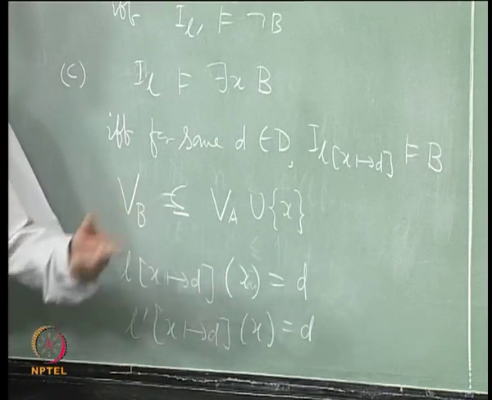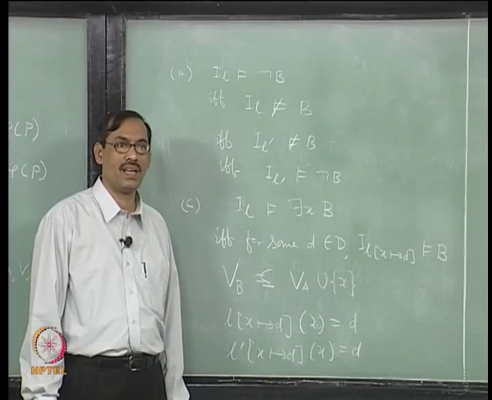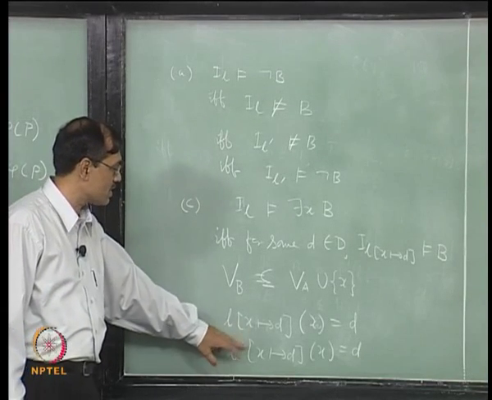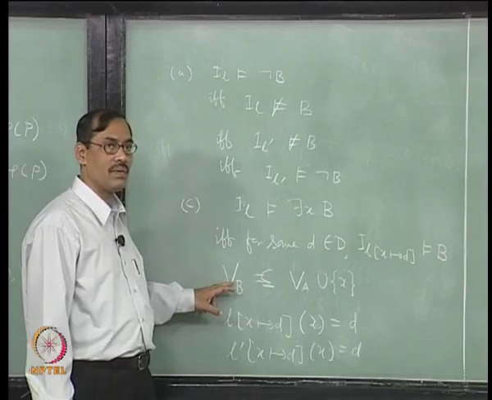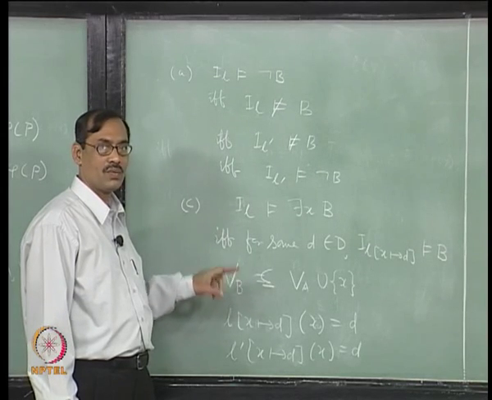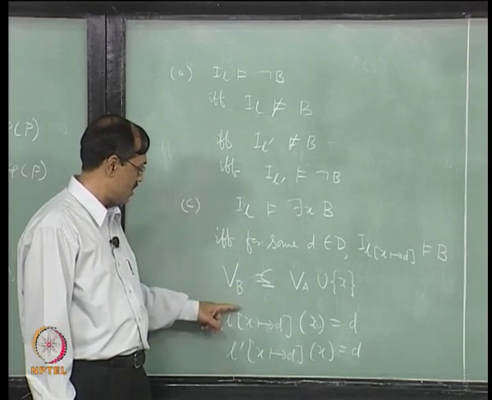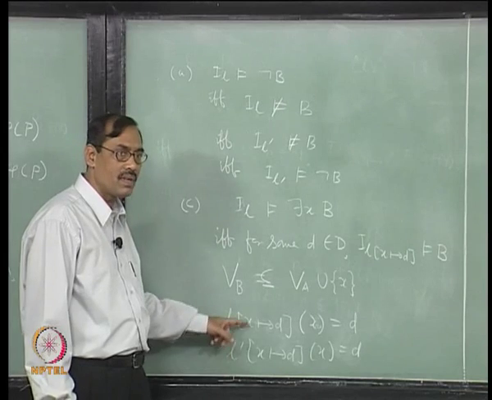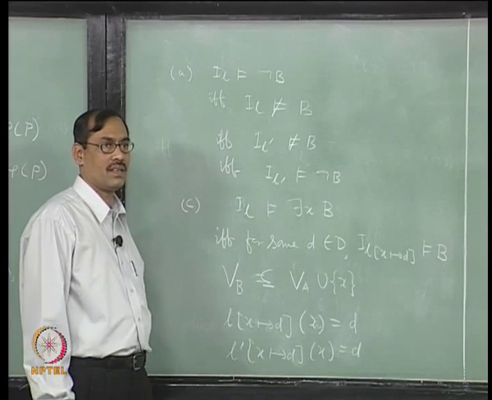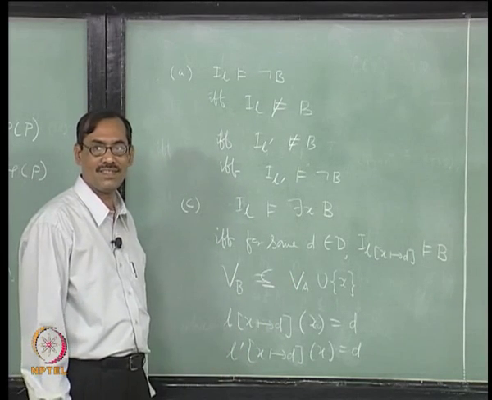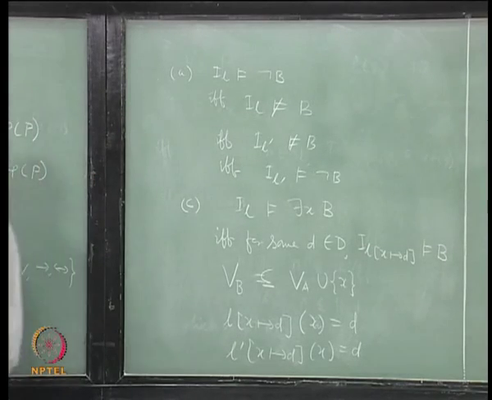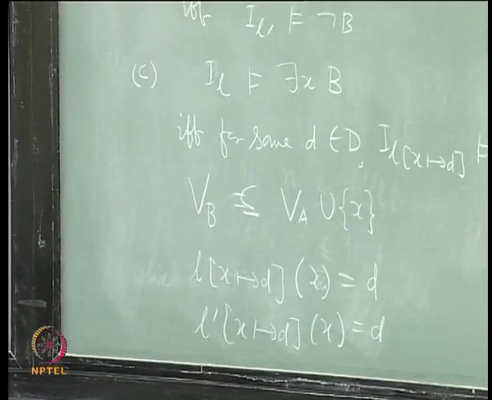So, these two also agree, fine. Therefore, these two valuations agree on all the free variables of B. So, we can apply the induction hypothesis on L x fixed to d and L prime x fixed to d, not directly on L and L prime. Is it clear? Yeah, we will write it again.